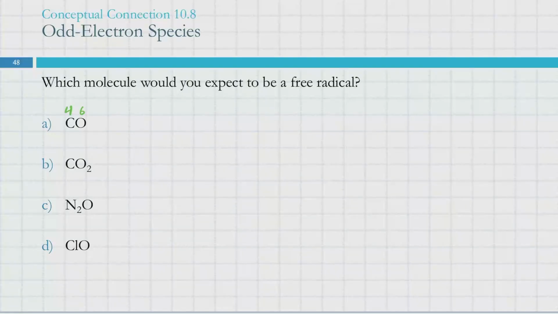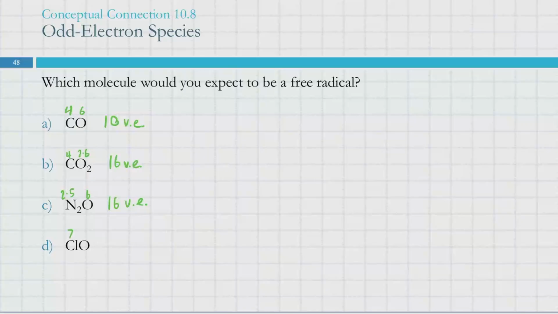Carbon has 4, oxygen has 6, so we're going to have 10 valence electrons for carbon monoxide. CO2, we've got 16 valence electrons. In C, we've got 2 times 5 for the 2 nitrogens plus another 6 for the oxygen. We also have 16 valence electrons.